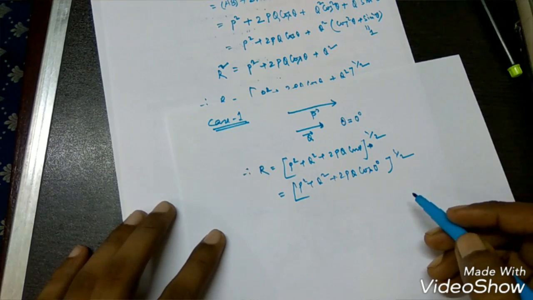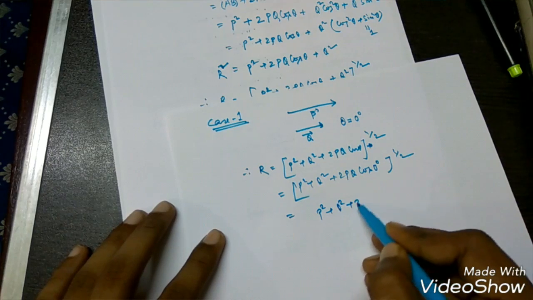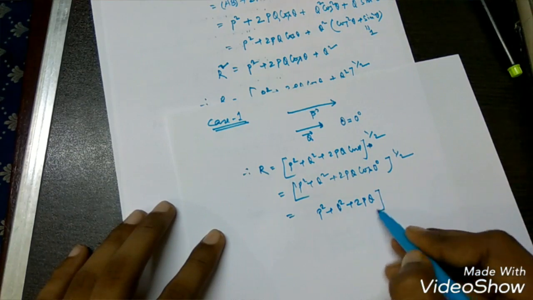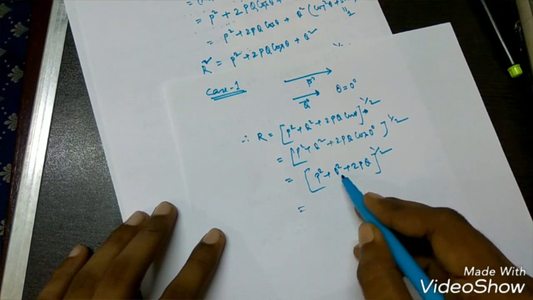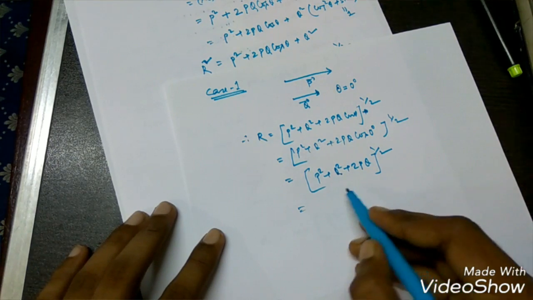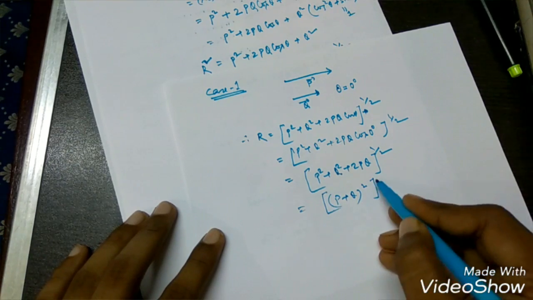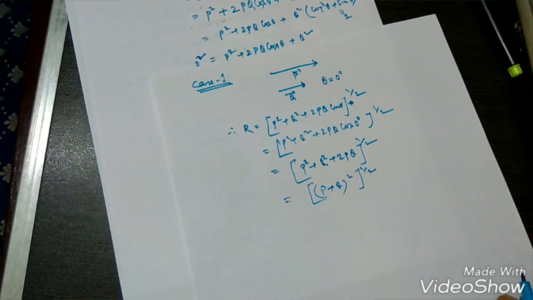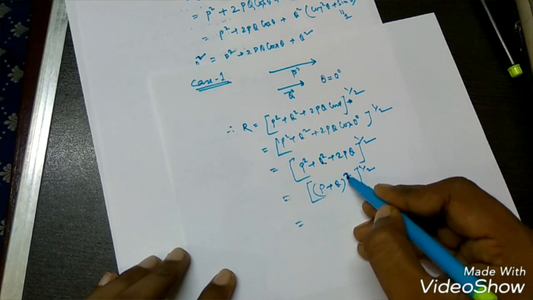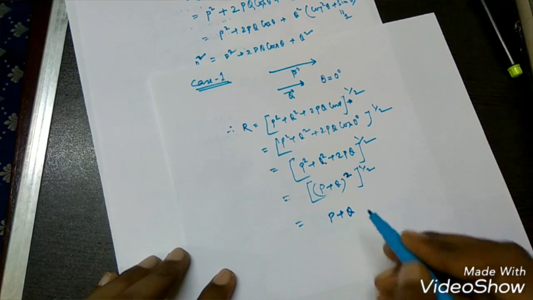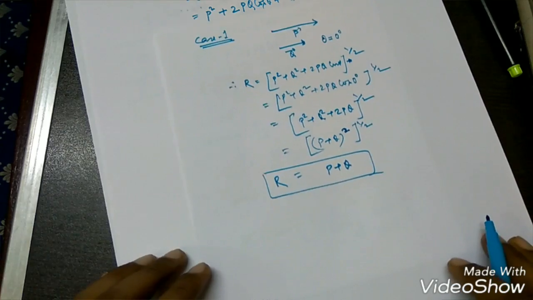Cos 0 degrees is equal to 1. So the whole expression becomes, now what is P² + Q² + 2PQ? This is equal to (P + Q)². But again there is a half power outside. So the whole expression becomes P + Q. So the expression becomes R is equal to P + Q.